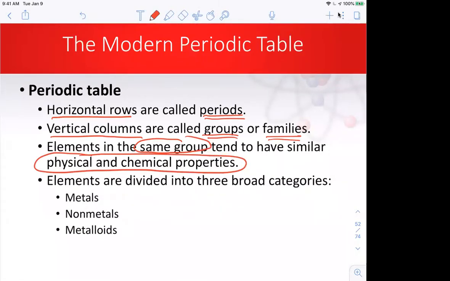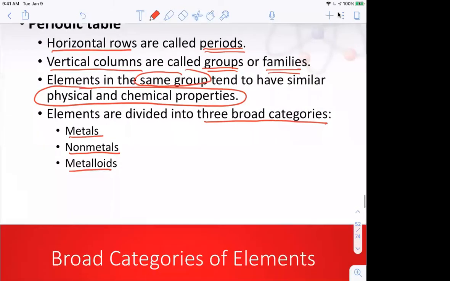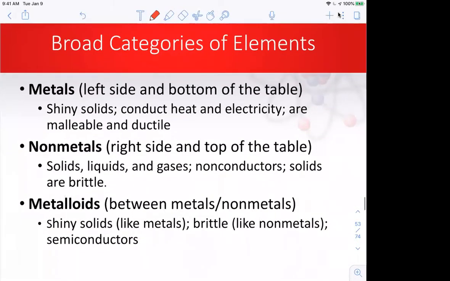Elements are divided into three broad categories. I want to look at metals, nonmetals, and metalloids. Metals are on the left side and bottom of the table. They have some very characteristic properties. They're shiny solids, they conduct heat and electricity, they're malleable, they're ductile.